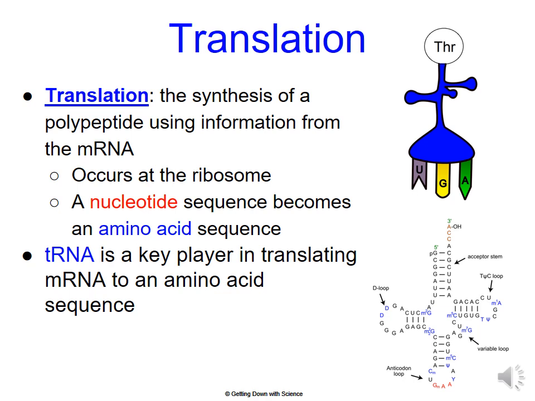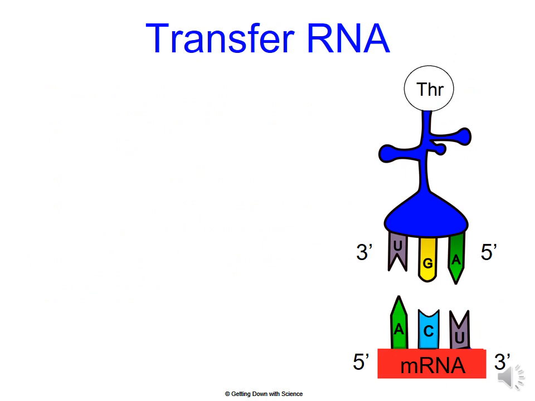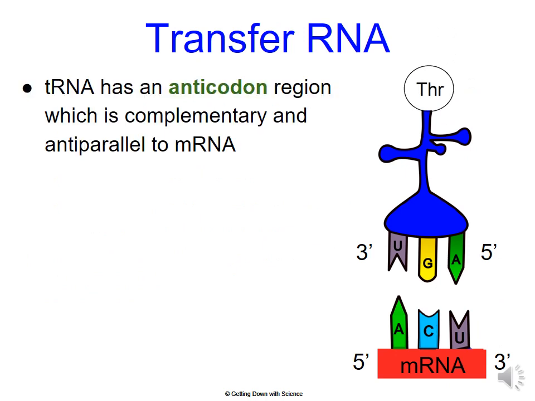tRNA, that's this little structure, the blue structure right here, is a key player in translating mRNA to an amino acid sequence. And so in reality, you can see where it gets its name from this T shape that it has. Okay. So when we're talking about our tRNA, our transfer RNA, it has what we call an anticodon. Remember the little sets of 3 on the messenger RNA, we called those codons because they had the code on them.